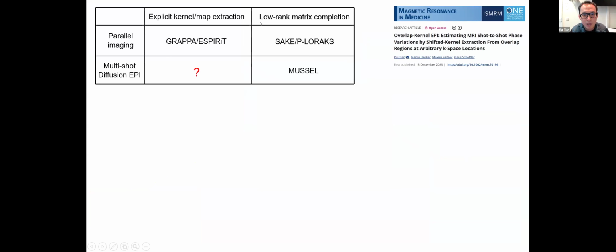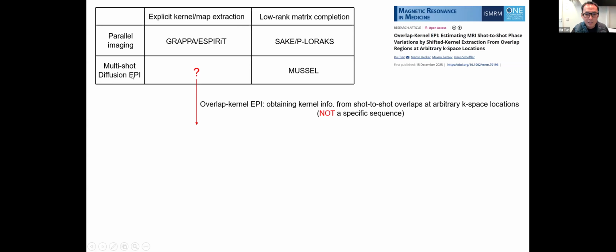People can also reconstruct the multi-channel data by low-rank matrix completion, like SAKE or LORAKS. When SAKE and LORAKS evolved to manage multi-shot diffusion EPI with a low-rank matrix completion approach, that is called MUSSELS. So the question is, is there a counterpart of GRAPPA and SPIRiT that can handle multi-shot diffusion EPI? And this is exactly our technique, which obtains the kernel information from the shot-to-shot overlaps, but this time at arbitrary k-space locations.